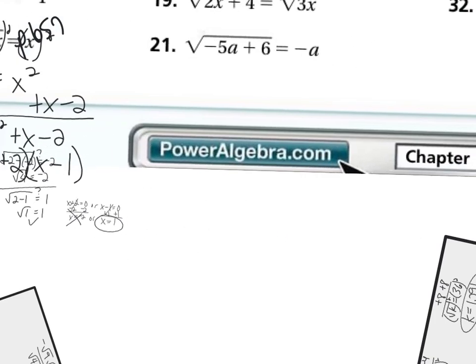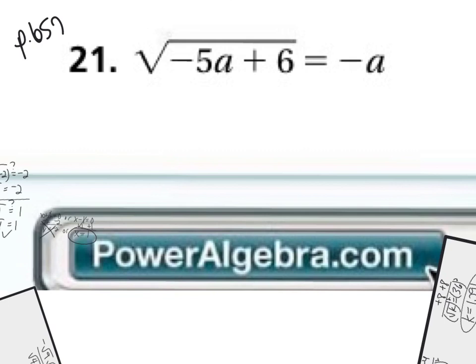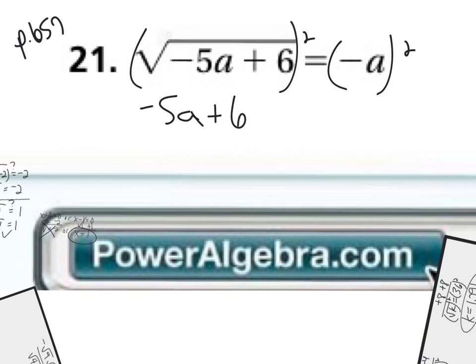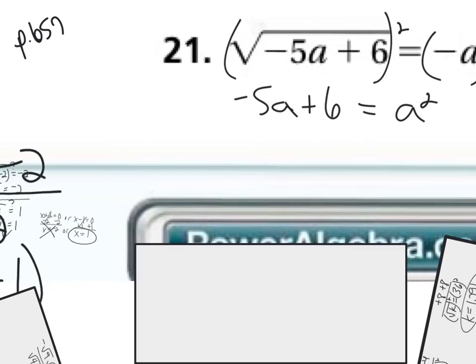And then on 21, go ahead and square both sides. If you're looking at that, if you were thinking, well, it's just not going to work because we have a square root of something that equals a negative.